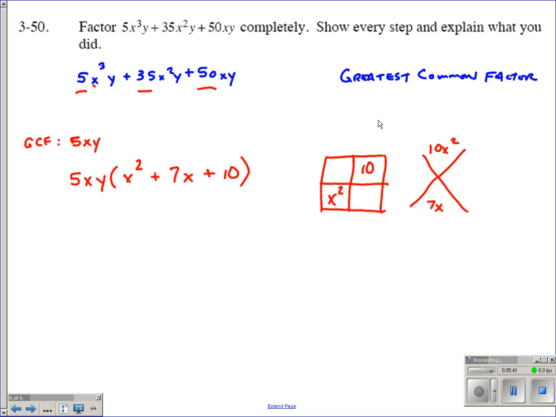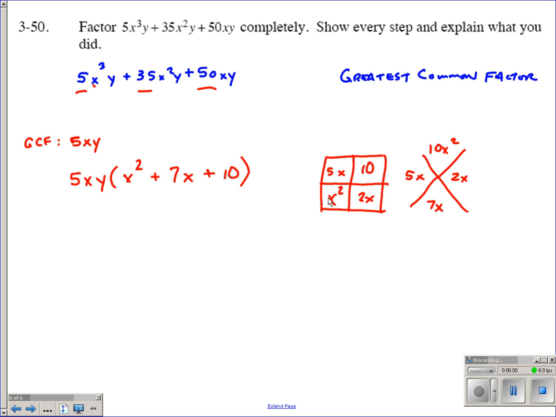Well, we know 5x times 2x would give us 10x squared, and when we add 5x and 2x, that gives us 7x. So we can go ahead and put those in here. We have 5x, we have 2x, and now we're just going to look for the common factors.